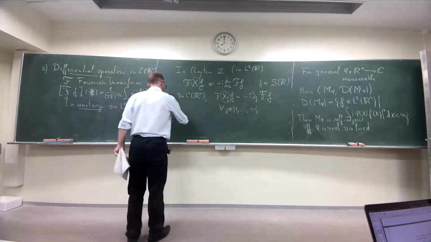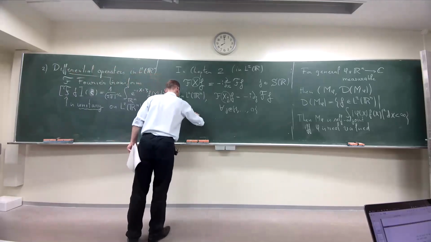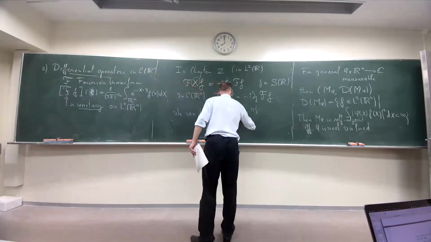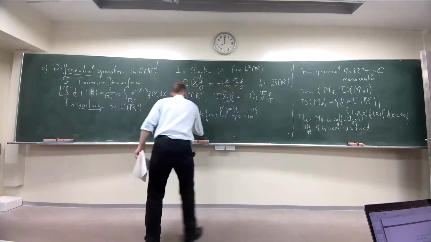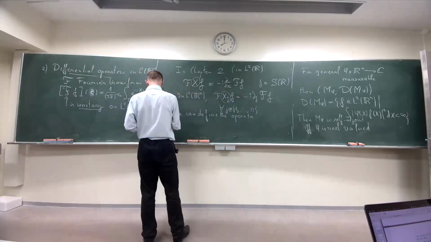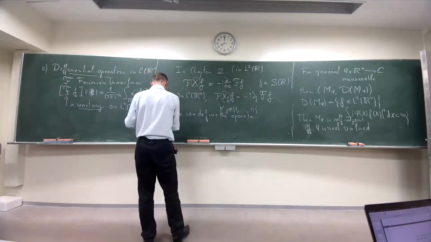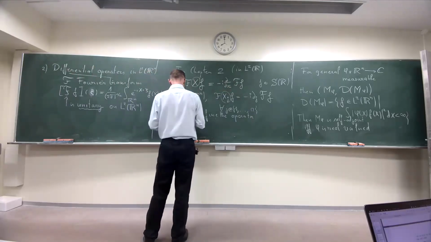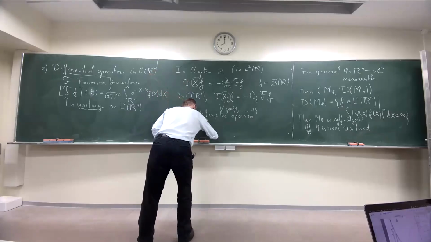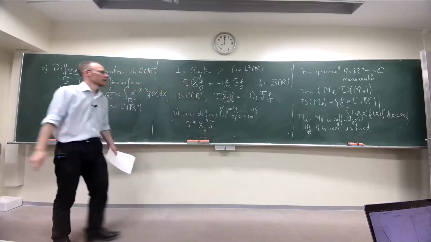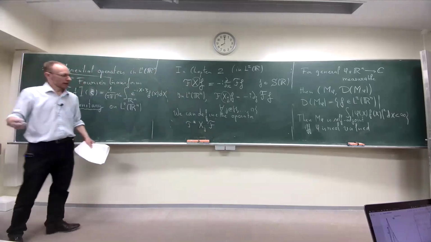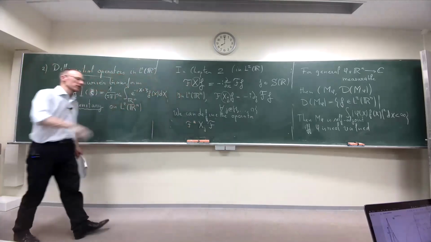So we can define the operator, I will do it in the same order, F star xj F. Think of F star as just, it's unitary, so it is an inverse.